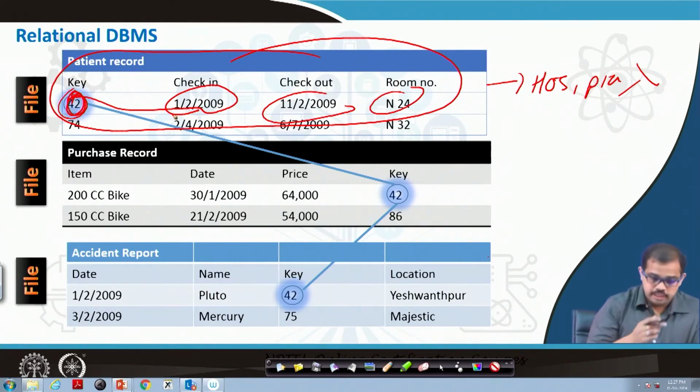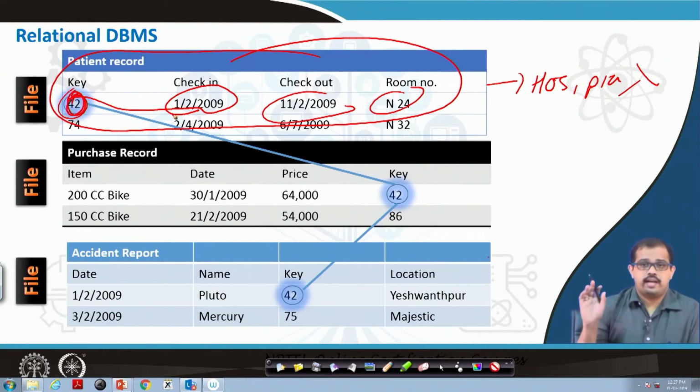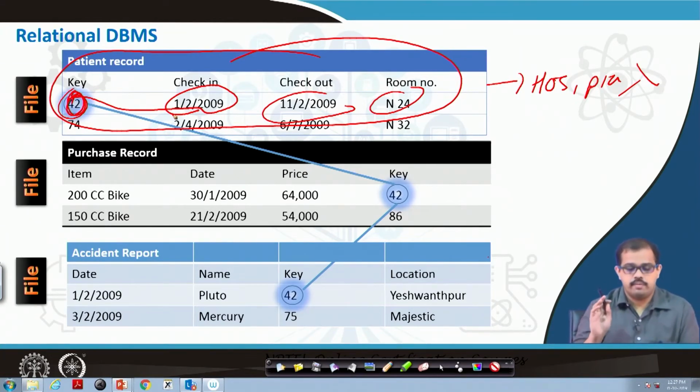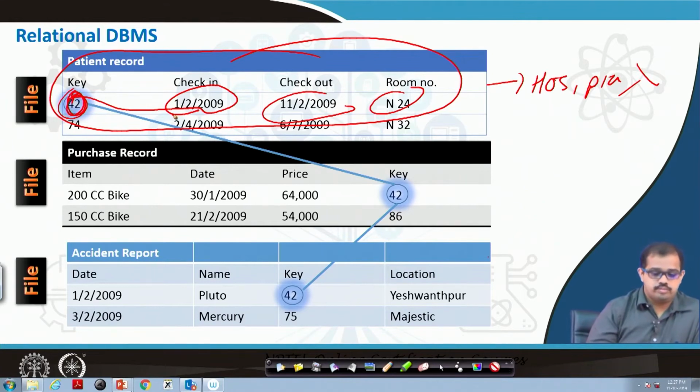Now, let us say a management person who is managing that particular hospital or system has to look at what the patient has consumed, how many consumables are required for that patient's surgery or any of those aspects, and what the total price is.